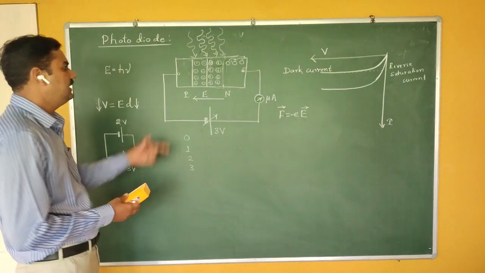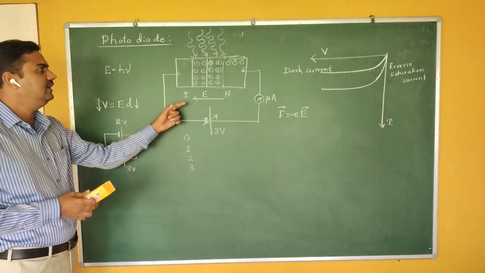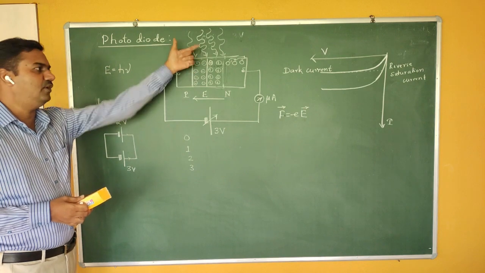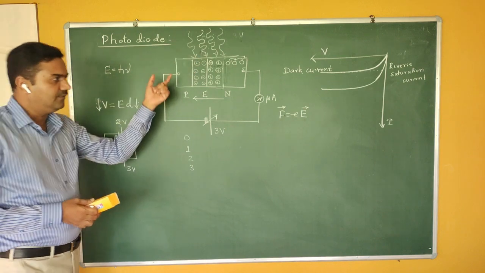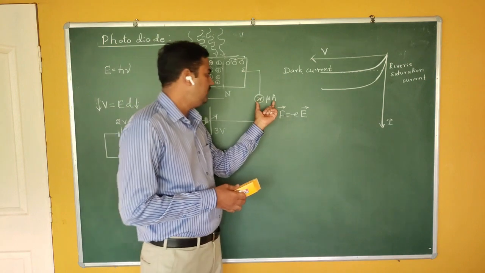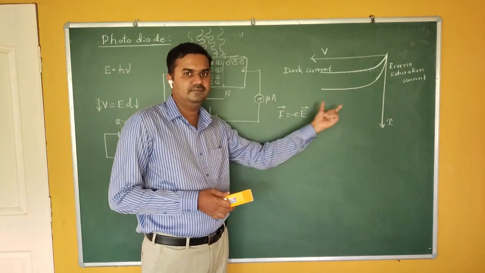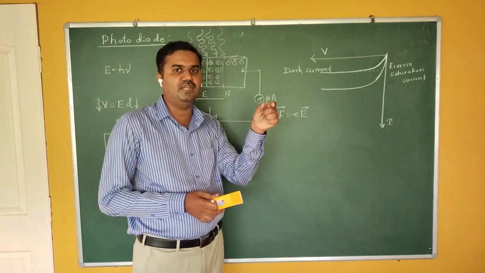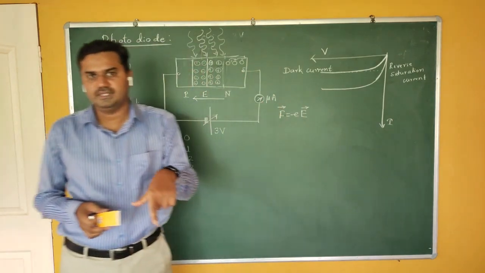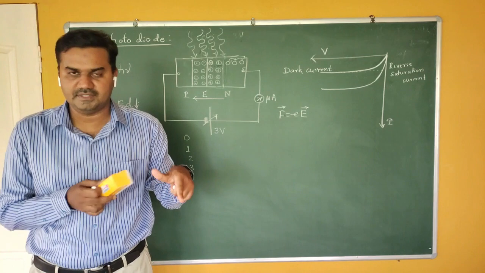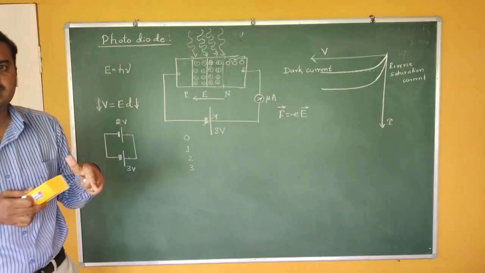Therefore finally your diode is detecting light. If light falls on it, and you are getting some larger current here, that means what? The light is falling on the diode. The presence of the light is detected by the diode.